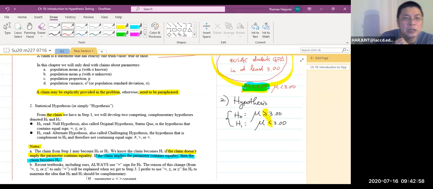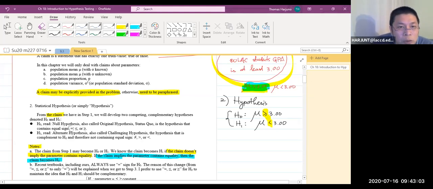So if the null hypothesis uses equal sign, the alternate hypothesis will use not equal. If the null hypothesis uses less than or equal to, then the alternate will use strictly greater than. If the null hypothesis uses greater than or equal to, then the alternate hypothesis will be less than. At least that's what will happen in my class.